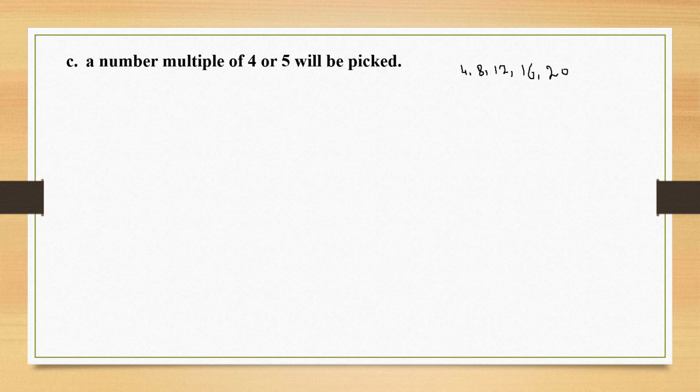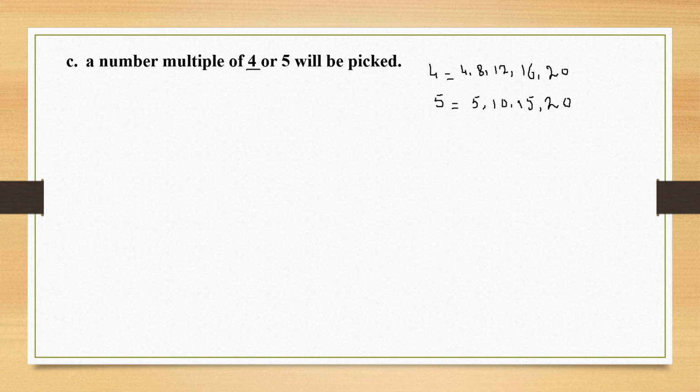So in total we have 5 numbers, and this is the multiples of 4. Now multiples of 5 will be 5, 10, 15 and 20.